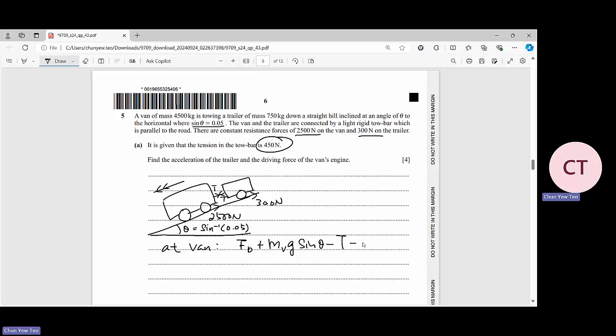The resistance force is 2,500, equals to 4,500 times a. Maybe we put m v a.